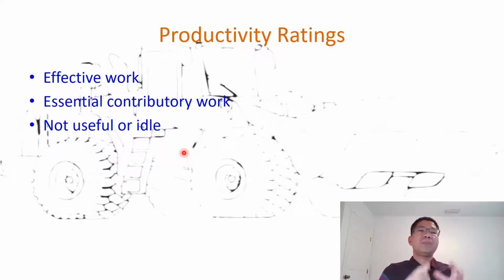So basically, at any given instant when you look at crew members, the workers, you can see whether he or she is effective, or doing the contributory work, or non-productive. In this case, we say not useful work or idle.